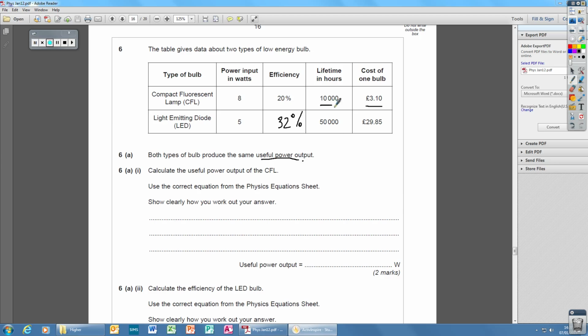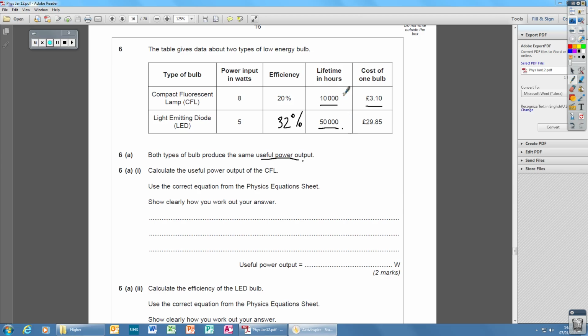This one lasts for 10,000 hours. This one lasts for 50,000 hours. Okay, so I'll just do a little calculation here and then we'll answer the question before. So this one, the LED, lasts for 5 times as long as that.